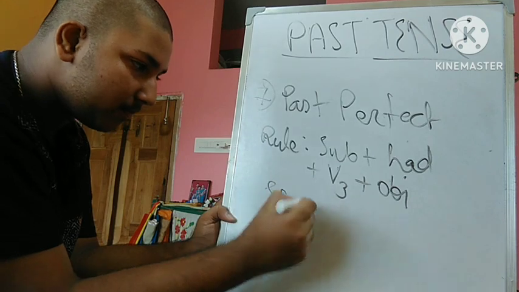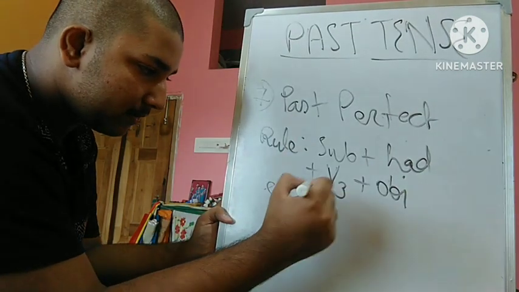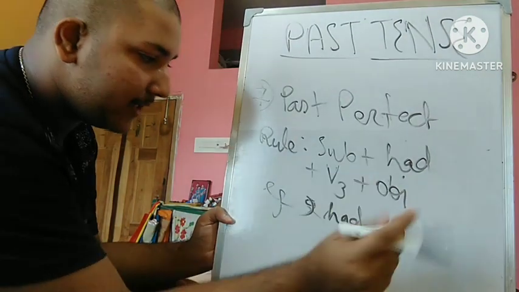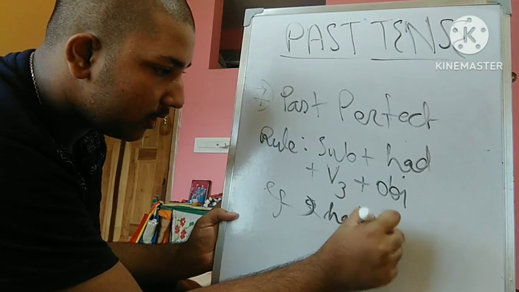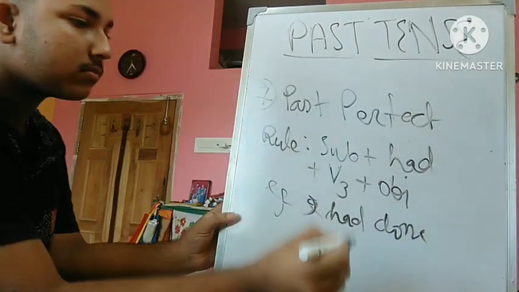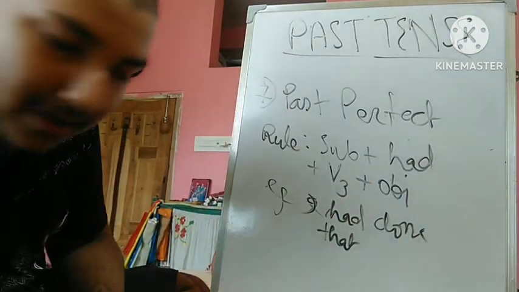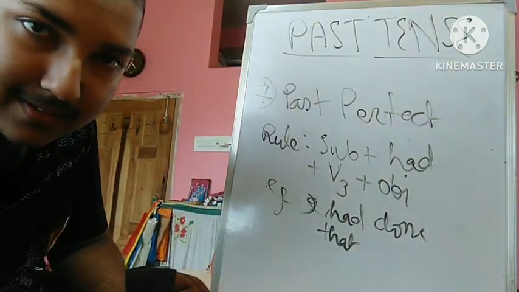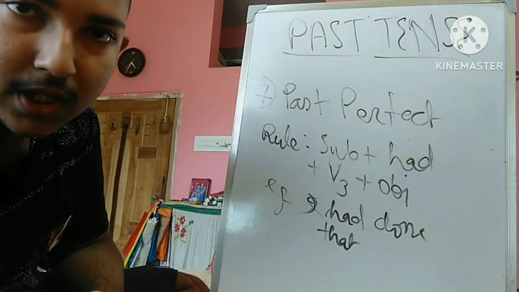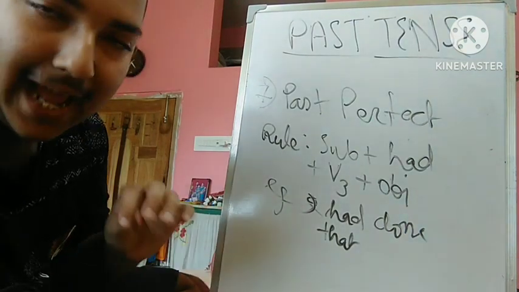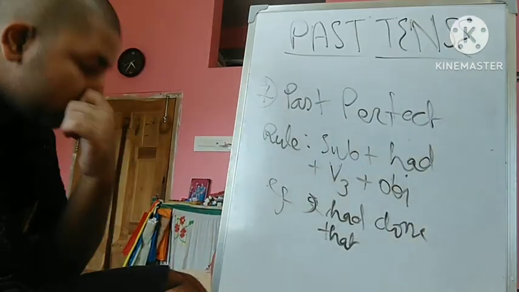Example, I had done that. I had done that, or I had done this. That will be used specifically. I had done that. Okay.